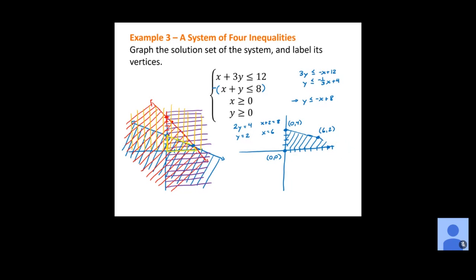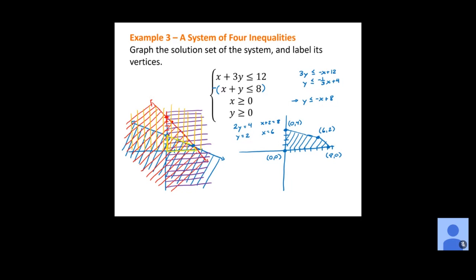And so now when I actually draw this part, that's actually going to be our region. And again, that's going to mean that our x-intercept is at 8, 0, sorry, not 12, 0.